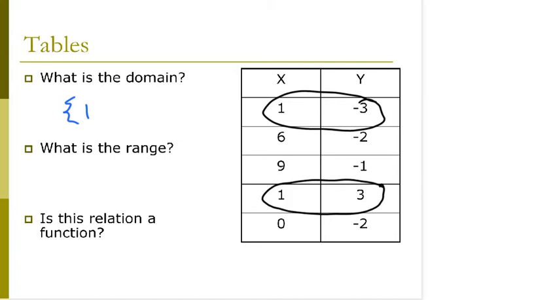Our range would be the set of y values or outputs that we end up with. So in this case, we end up with -3, -2, -1, 3, and -2.